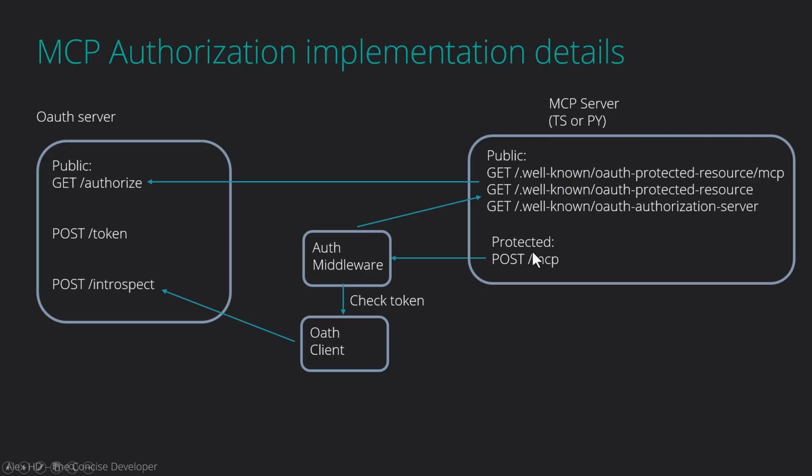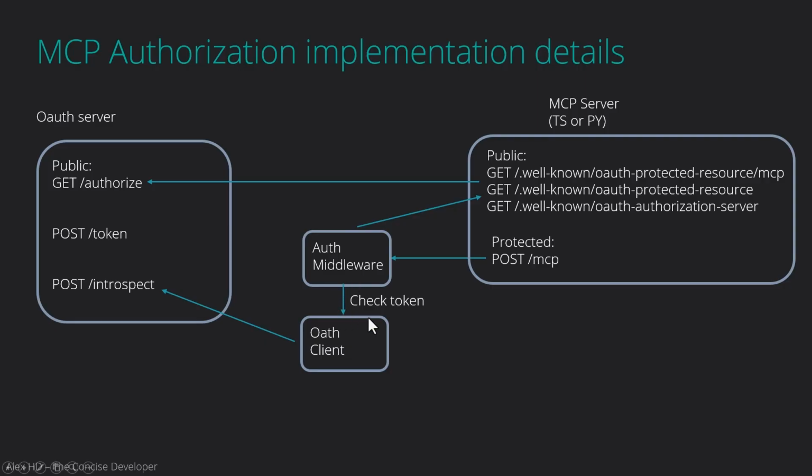So what we have to do is have a protected route inside our server, the MCP route, and we will protect it using an authentication middleware, basically a function that will intercept all the requests to this endpoint and check if they have a token.